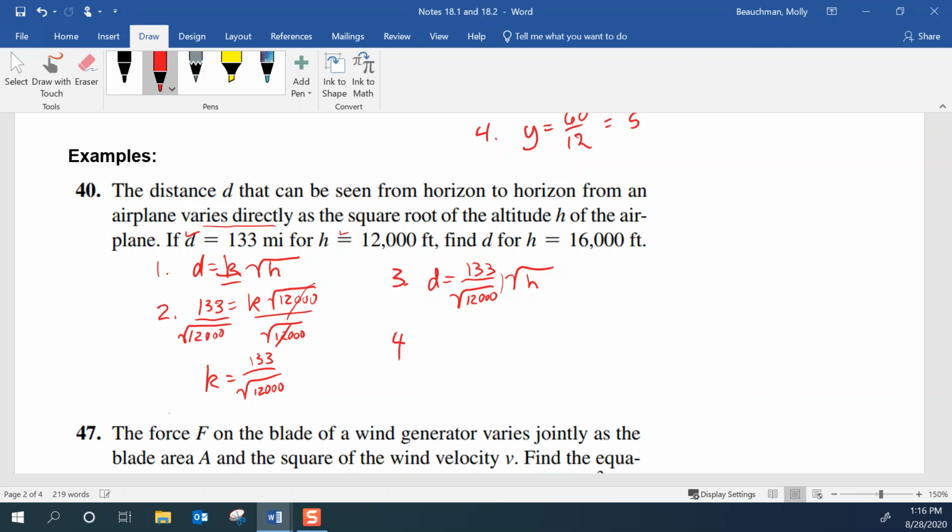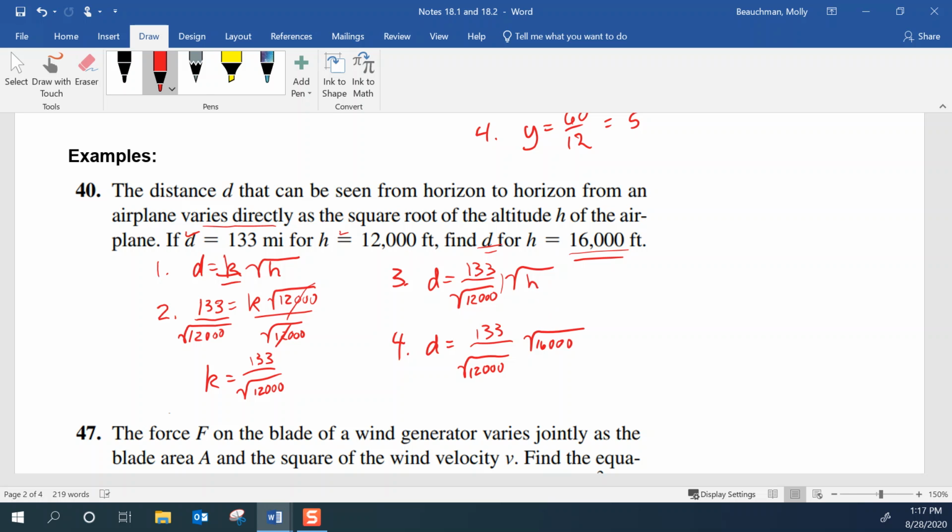Last but not least, now we can answer the question. Find d if h is 16,000 feet. So we substitute square root of 16,000 in for h. Now I'm going to put all of that in the calculator at once. No rounding.